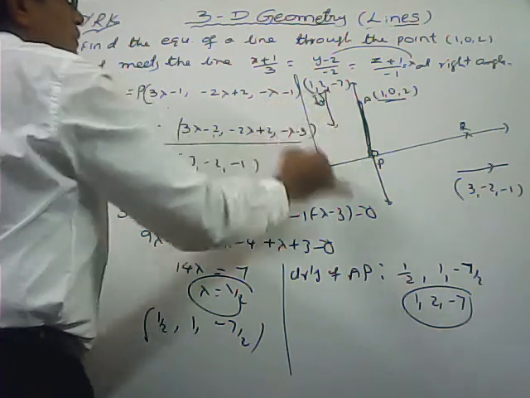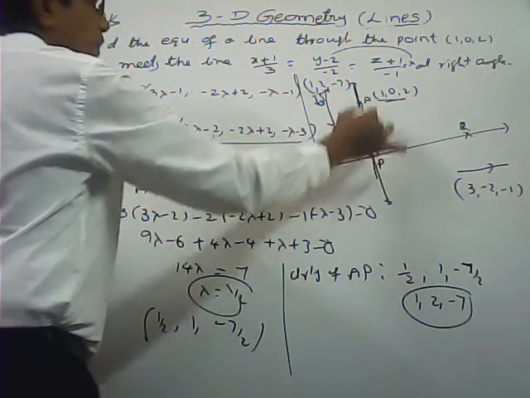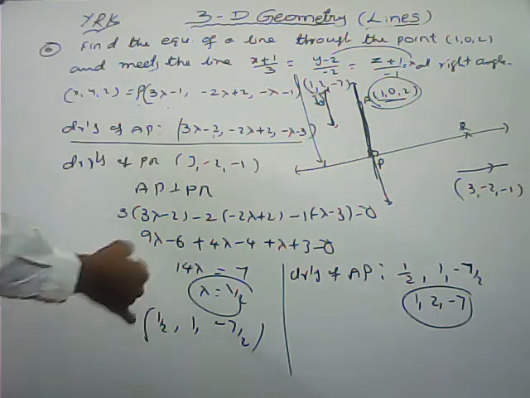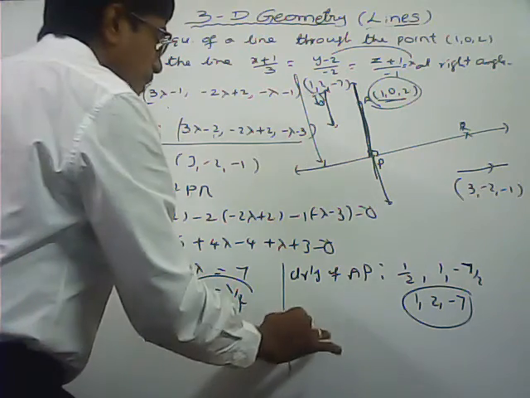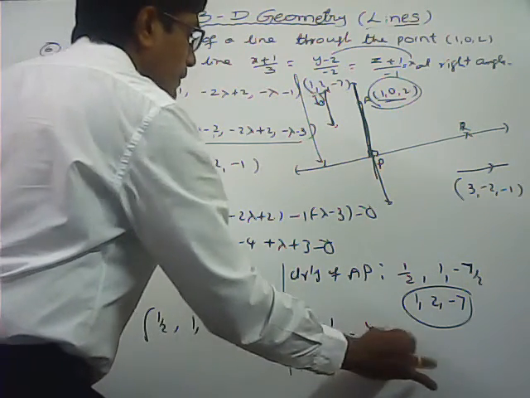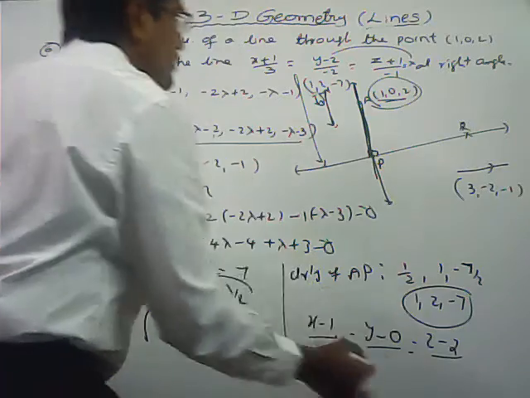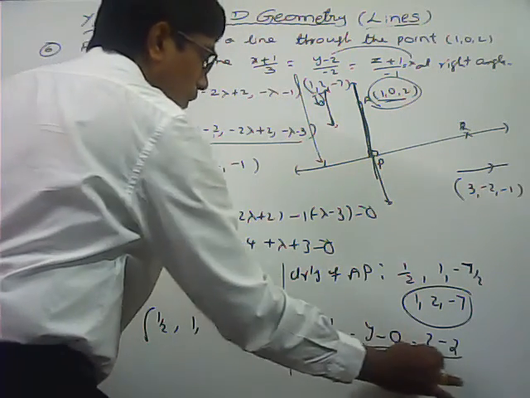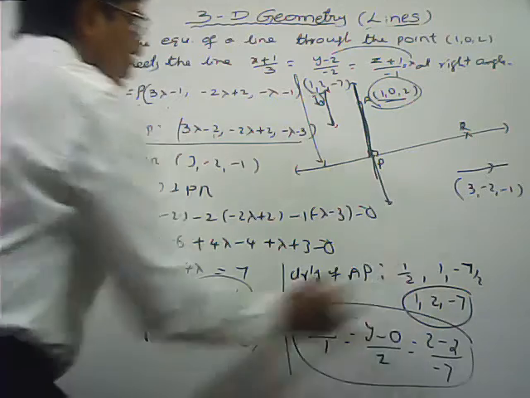This line passes through the point A (1, 0, 2) and parallel DRs are given. So we can write the equation of the line as (x minus x1) by a, (y minus y1) by b, (z minus z1) by c. Here what are the parallel DRs? 1, 2, minus 7. This is the Cartesian form.